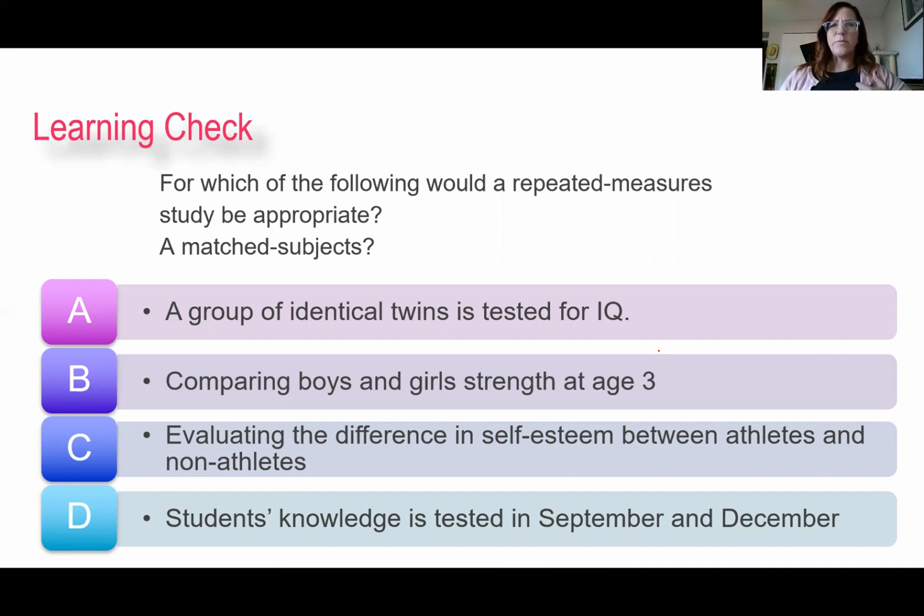Group A, a group of identical twins is tested for IQ. B, comparing boys and girls' strength at age 3. C, evaluating the difference in self-esteem between athletes and non-athletes. And D, students' knowledge is tested in September and December. So let me know which one of those would be repeated measures and which one would be a matched subjects design via email. But you have one more.